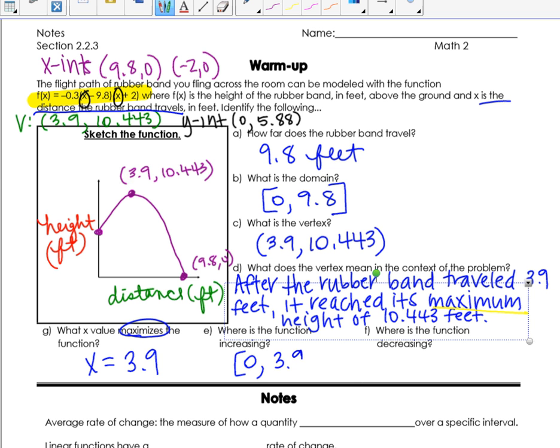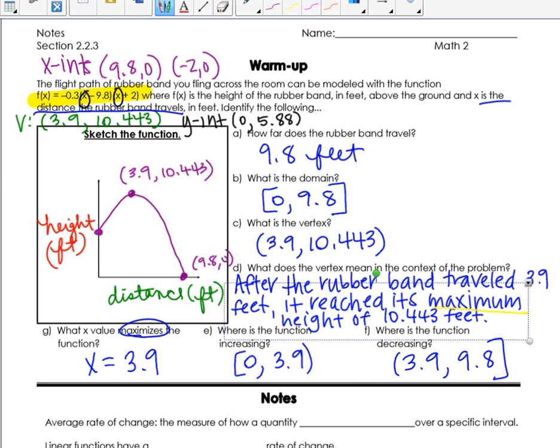And then that's its max, so it's technically not increasing and not decreasing, so you don't include it. At that max point, it starts decreasing again, so 3.9 until it hits the ground at 9.8. Then it stops. This is a contextual problem, so I don't care about infinity and negative infinity. In the grand scheme of things for this problem, it only traveled 9.8 feet, so that's what I'm focusing on, from 0 to 9.8. Okay.